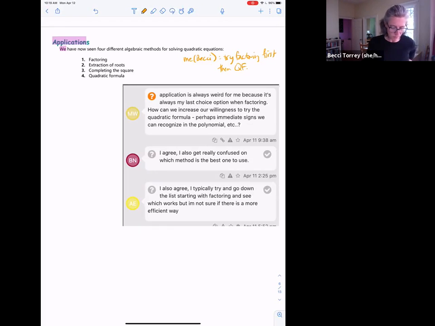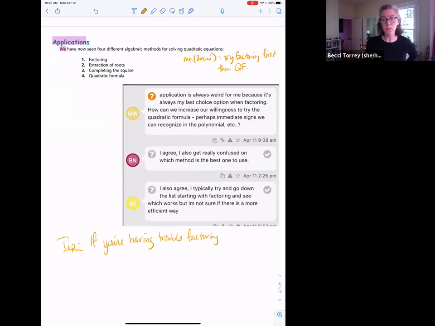Yeah, so Bridget, which method to use? To some extent there's also some intuition that you can develop as you practice more and more, where you can kind of look ahead a little bit. Another thing you can do, a tip, if you're having trouble factoring and you're thinking, oh, maybe I have to use the quadratic formula: do I have to?